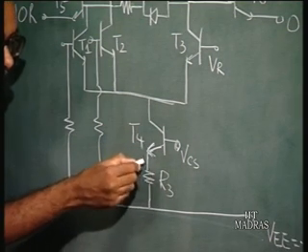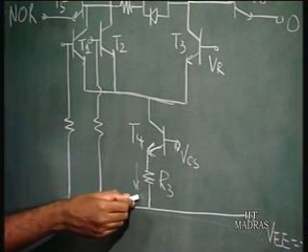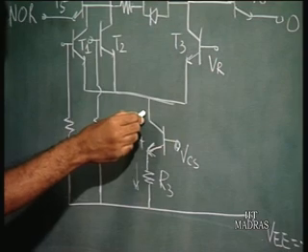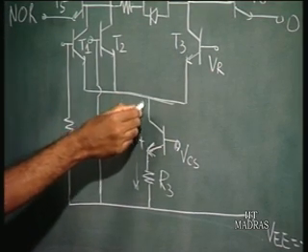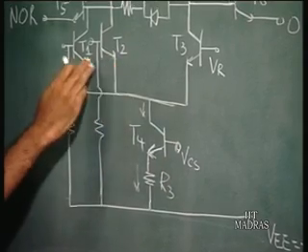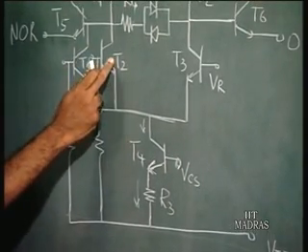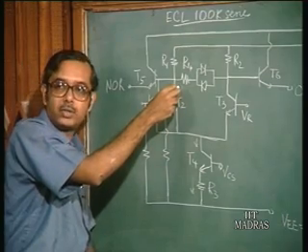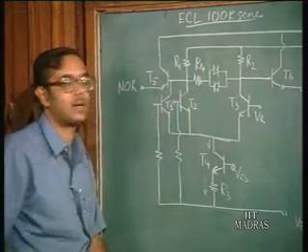Which means the emitter current of the transistor is going to change, and you have a corresponding increase in collector current, which means that the value of the current source is going to change. Now, if we assume that the left hand branch is conducting, that is, if T2 is on, there is going to be a larger current flowing through the left hand branch, through this resistance R1.